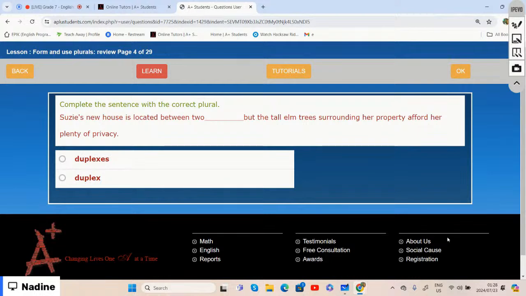All right. So now we say Susie's new house is located between, do we say two duplexes or two duplex?